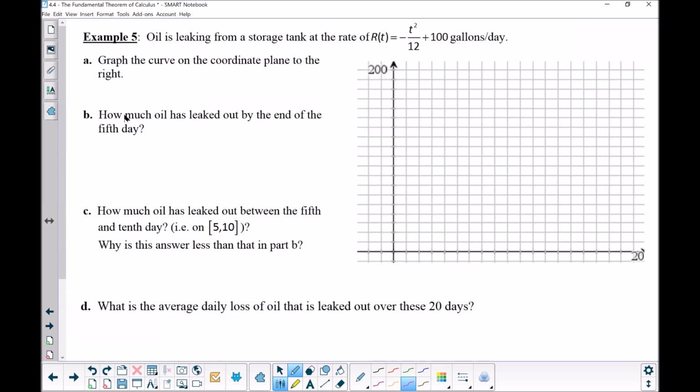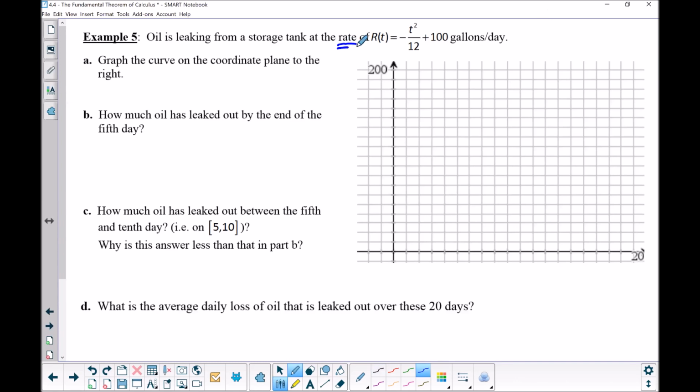All right, so we have example 5, and in example 5, it says that oil is leaking from a storage tank, and it's doing so at this rate given by this expression R of t. So we know that negative t squared over 12 plus 100 is this rate, and we want to kind of say this to ourselves over and over again.